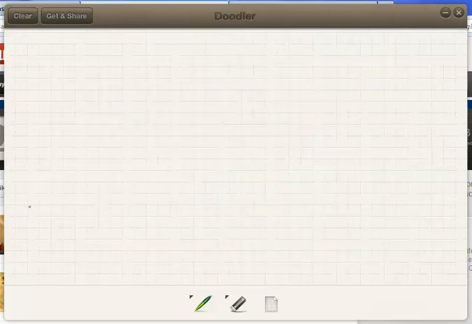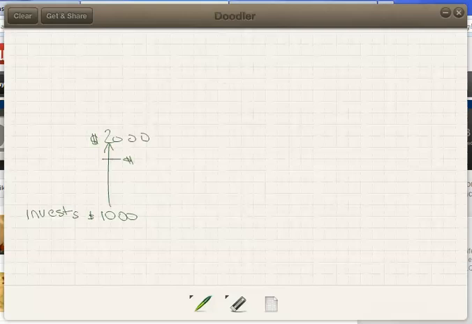So now, what happens if you have somebody who invests this $1,000 and this investment grows, let's say, to $2,000, and along the way we've had $800 of taxable allocations.